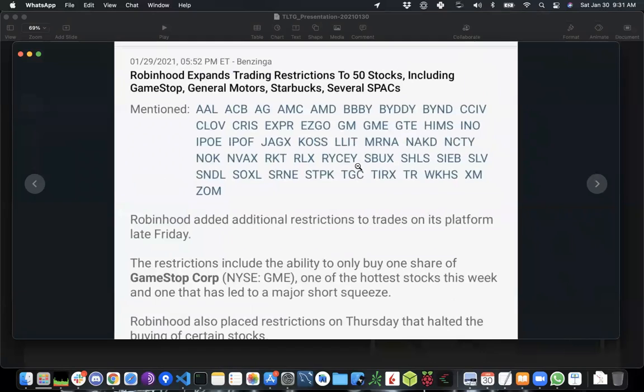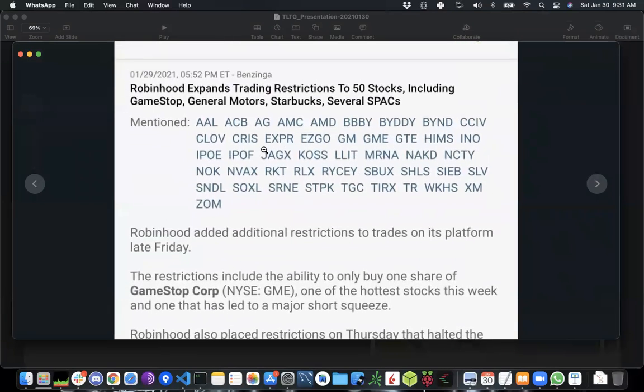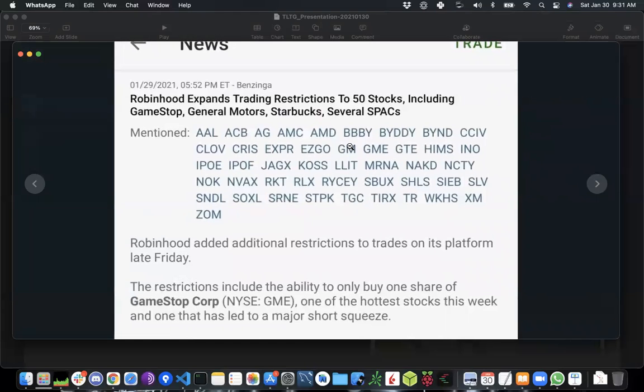So here's a couple of things to take away from this week. Robin and I discussed at the beginning of the first video, Robinhood has restricted all of these, and a lot of these tickers are the ones that we've discussed here. We've got AMC, we've got GM. You can't trade General Motors, which is ridiculous.